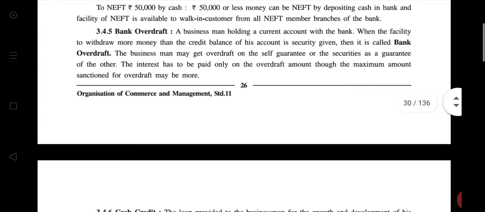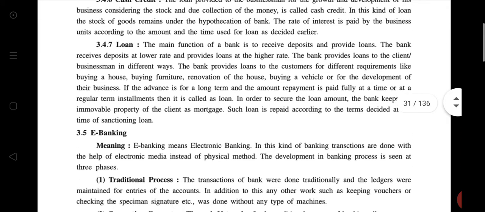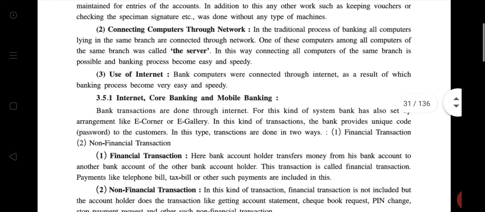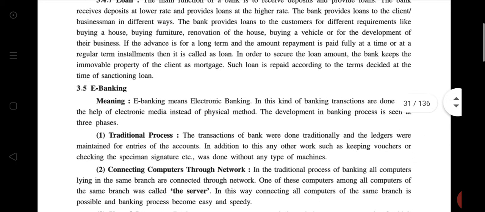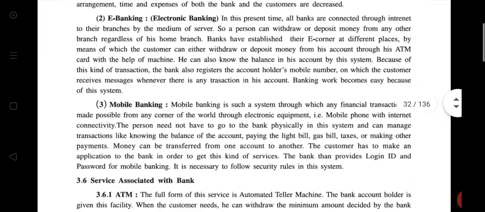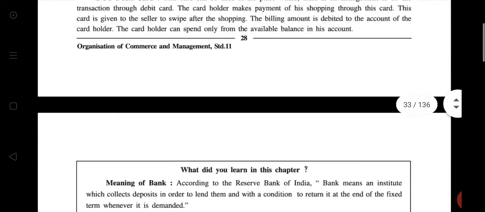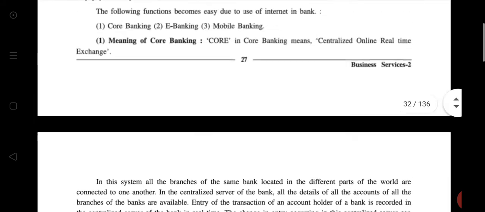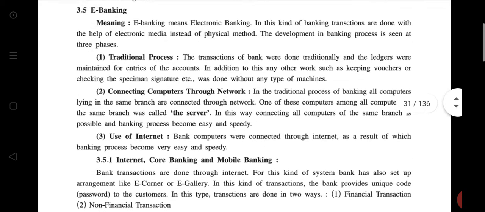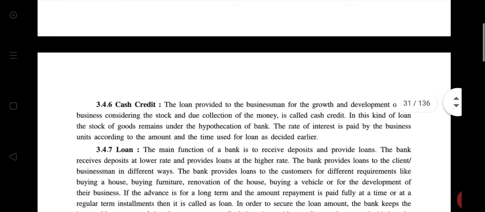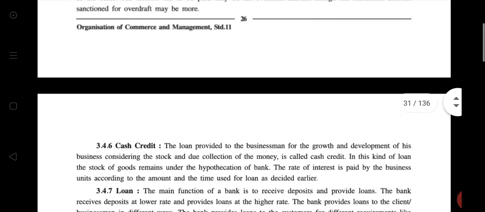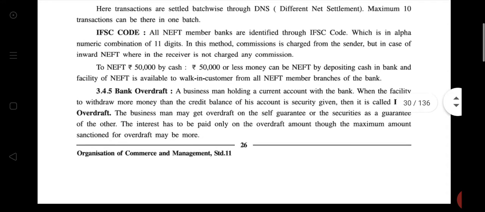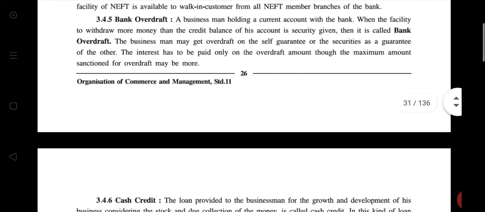From the next lecture we start e-banking, and I think we will finish this chapter in the next lecture, I'm not sure about it. Just start to read bank overdraft, then cash credit, then loan. Then I will give some homework.